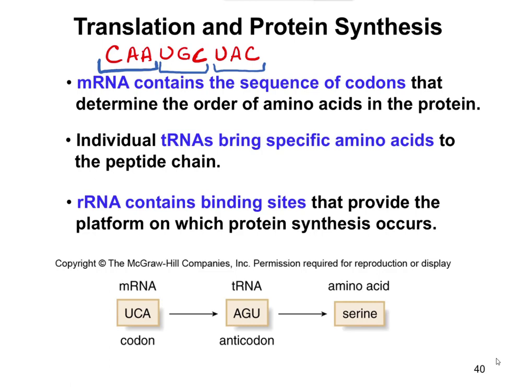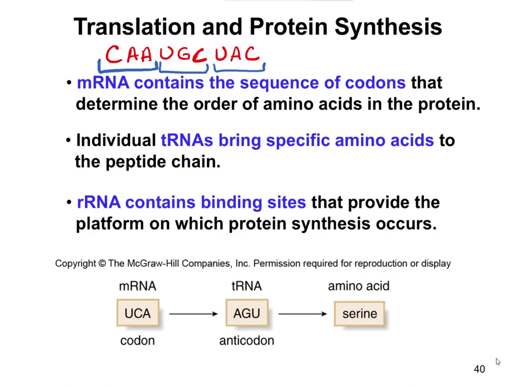Whenever you go from the codon to your individual amino acid, that is done by these transfer RNAs that we've talked about in a previous lecture. The transfer RNAs bring in your specific amino acids to the peptide chain. If you remember, the tRNAs are the ones that have that clover leaf kind of structure.